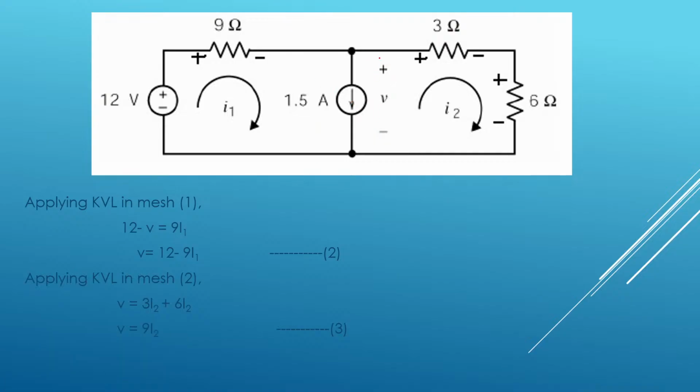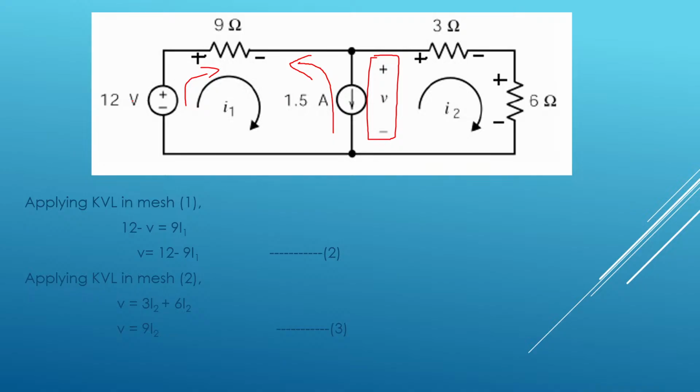According to my assumption, I have assumed a voltage V across this current source whose positive is upward and negative is downward. Definitely the current should come out of a source, so just assume this is a source, current should flow in this direction, and from this voltage source definitely current will flow in this direction.